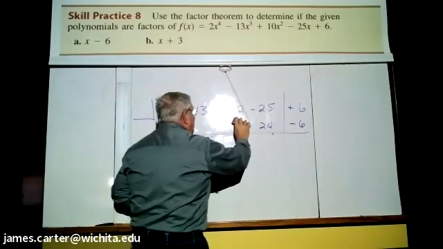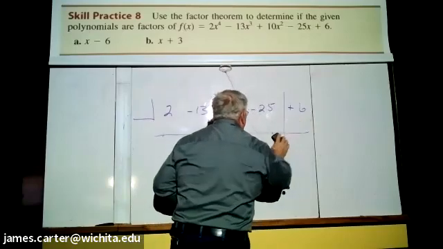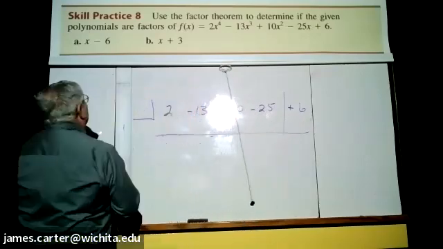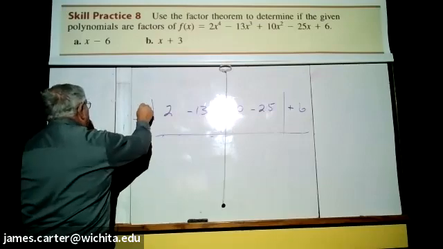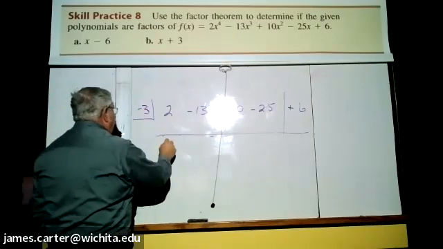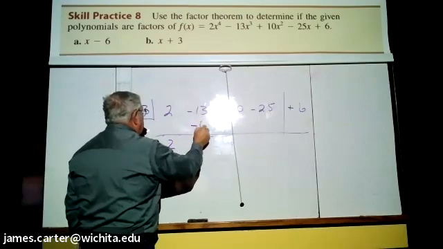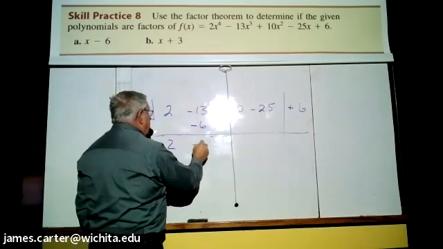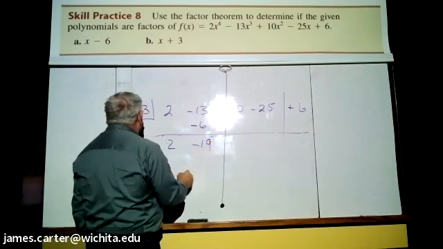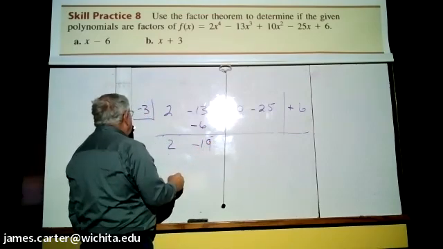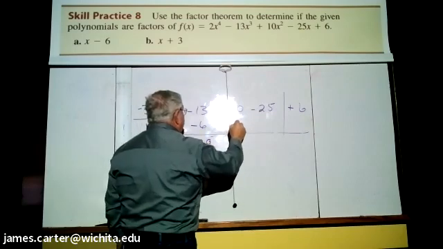Instead of a 6 here, I'm now going to have a negative 3. Bring down the 2. Negative 3 times 2 is negative 6. That gives me negative 19. Negative 3 times 19 is positive 57.